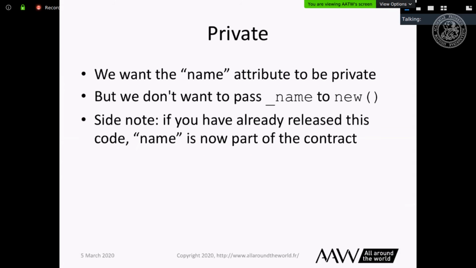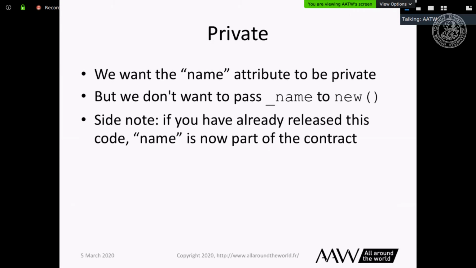So what do we do? We want the name attribute to be private, but we don't want to pass _name to new because that just looks ugly and wrong. And by the way, if you've already released the code, name is now part of the contract. Part of what we're trying to do with Corinna is to reduce the size of the interface of your objects, so it makes it easier to make these sorts of changes later.